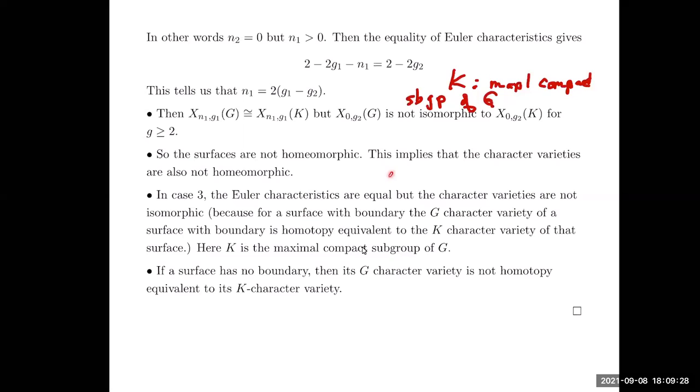So that tells us that the character varieties are also not homeomorphic. In the third case, the Euler characteristics are equal, but the character varieties are not isomorphic. Because the G character variety of a surface with boundary is homotopy equivalent to the K character variety. If the surface has no boundary, then the G character variety is not homotopy equivalent to its K character variety.